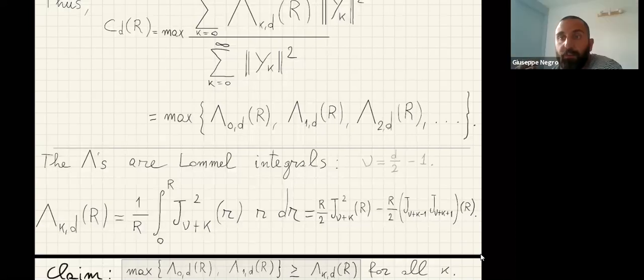Said otherwise, if you change the measure, you lose Bessel functions. You cannot rely on explicit Bessel functions or explicit spherical harmonics, and then it's harder. I don't know.